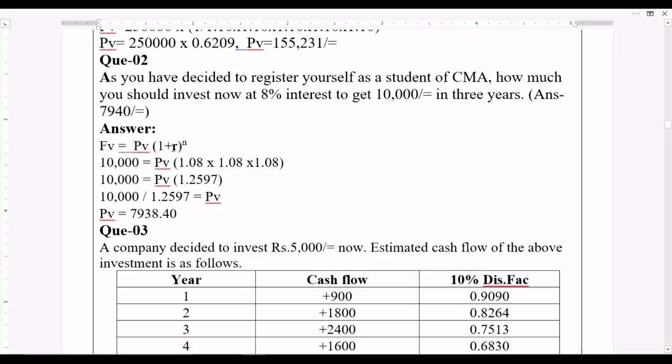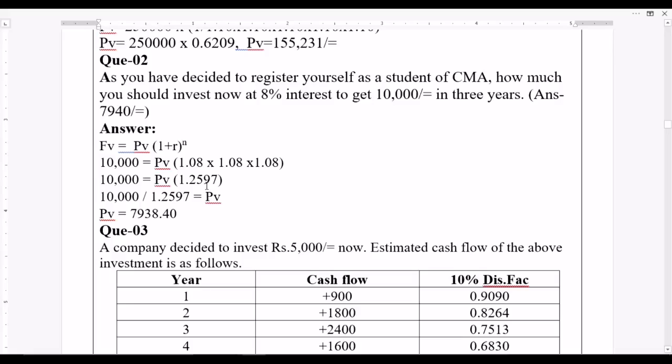R is 8%, so 8 divided by 100 is 0.08. So 1 plus 0.08 is 1.08. Right. 3 years. So 1.08 once, twice, thrice. You have to multiply and get this answer, 1.2597.